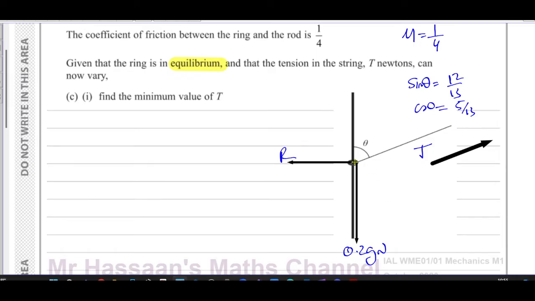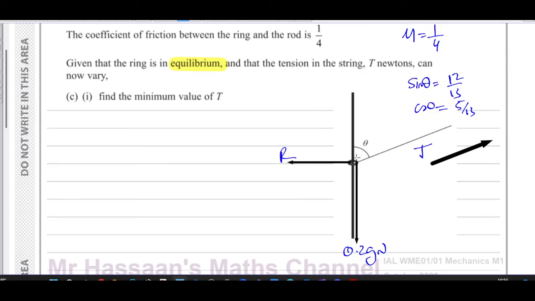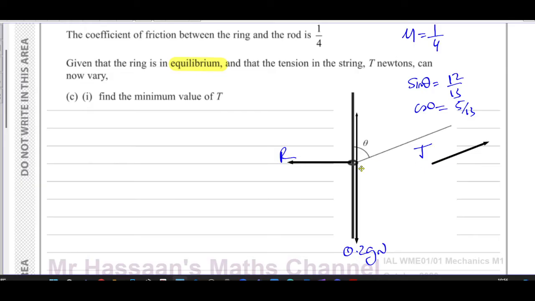Okay, you'd have friction acting upwards in this case because it will want to go down. So the friction would be acting upwards. And if the friction was not enough to keep it staying where it was, it would move down. So the minimum value of the tension is the amount that's needed to just prevent the ring from sliding down.